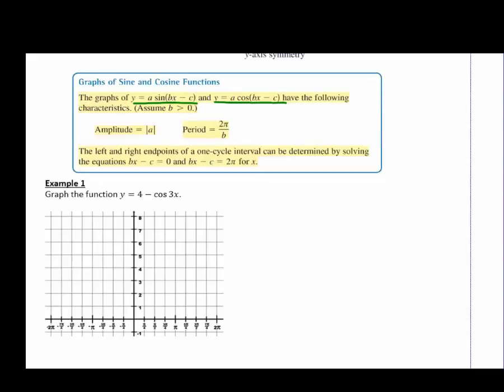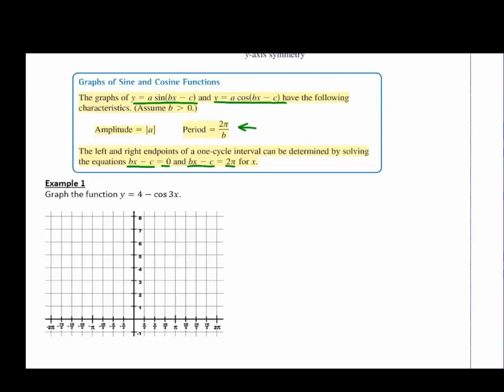The period is how long it takes to make one full cycle, and we can find that by taking 2 pi and dividing that by b, the coefficient of x. Then we have a way of finding our left and right endpoints for one cycle. We can set that expression that's inside the parentheses equal to 0, and then we can also set it equal to 2 pi, and that will give us the beginning and the end of one full cycle.